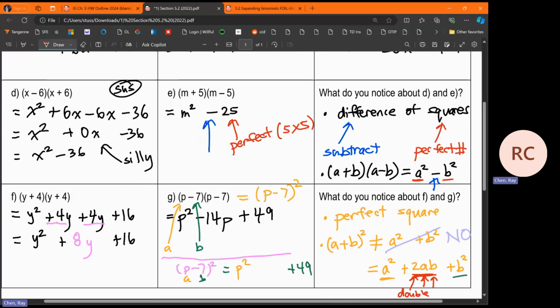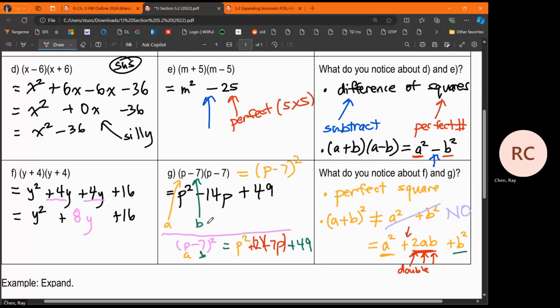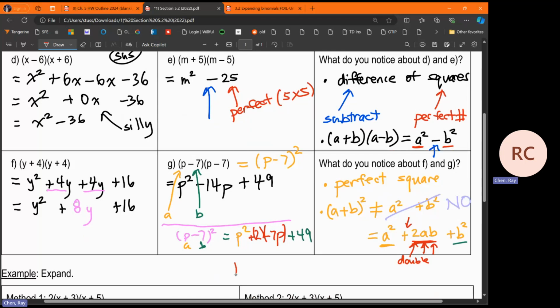So negative 7 times p, go slow if you have to, negative 7p, and then put a plus sign here because there's a plus sign there. 2 times this. Let me just move this down. We get p squared minus 14p plus 49.